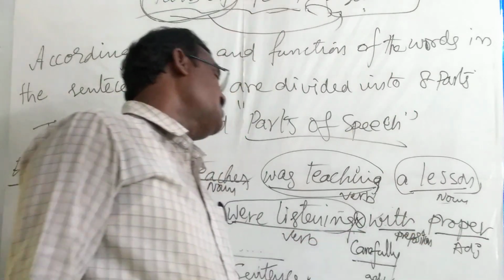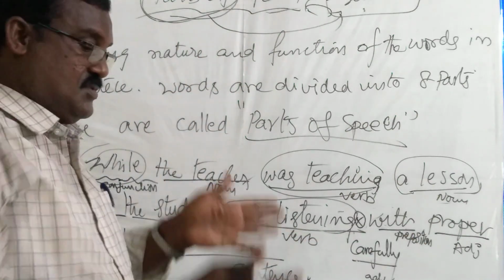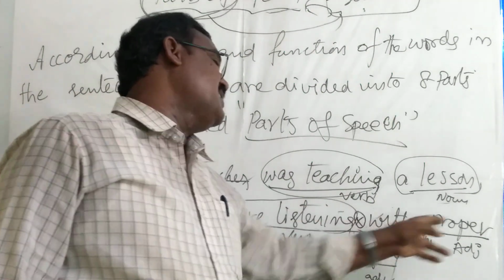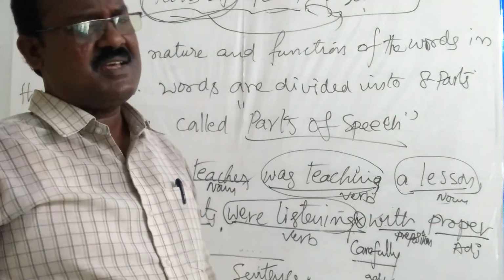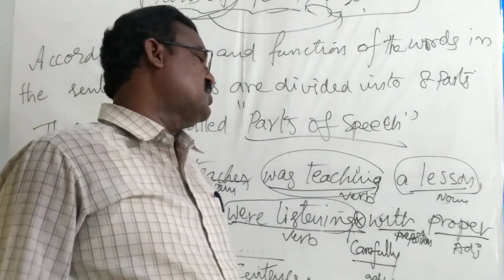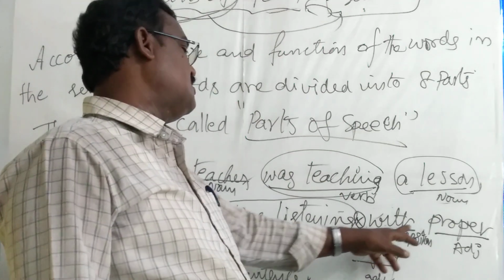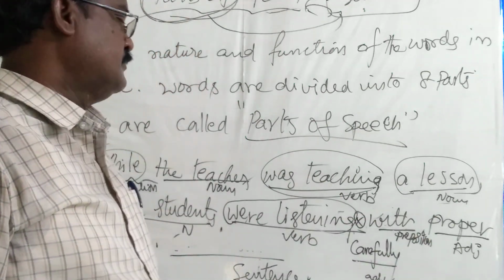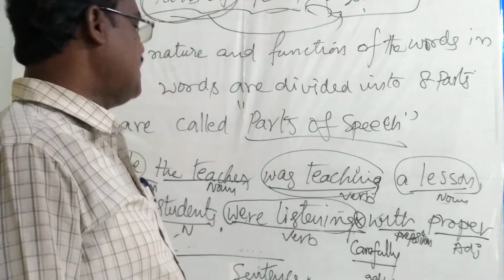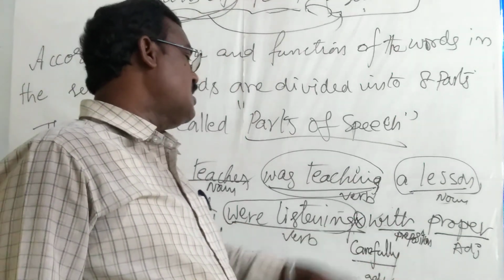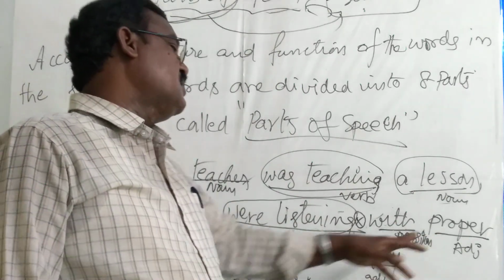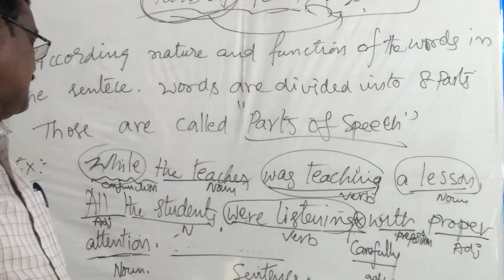If you write, they were listening carefully, proper attention, we can't understand the meaning. With is not there, so there is no proper meaning. So if you keep with the proper attention, this is the joining word. It relates the two words in a sentence. So this is called a preposition. Which attention? Proper attention. So proper is the adjective, attention is the noun.